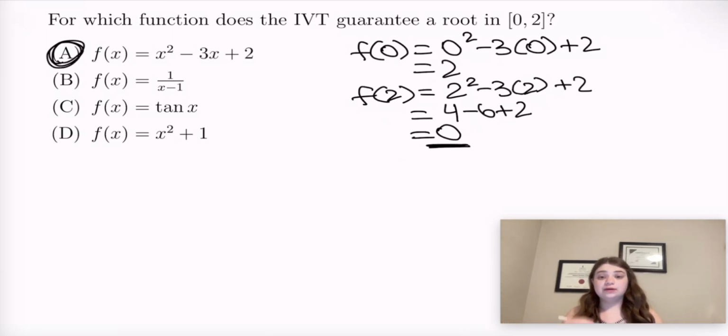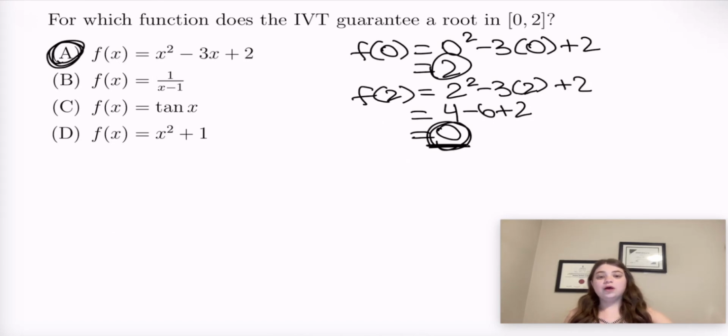Because f of 2 is 0, that would get us our root, 2 comma 0. Really any values we get from f of a and f of b where one's positive and one's negative, or one's 0 and one isn't, would work, because we just have to have a 0 between them.